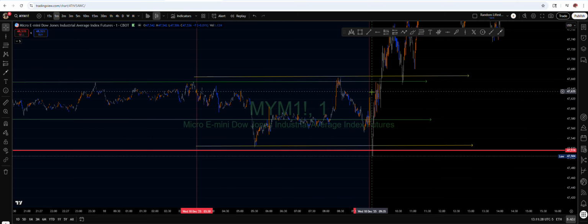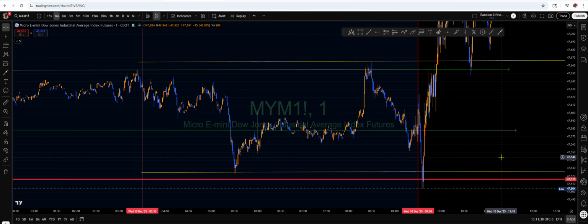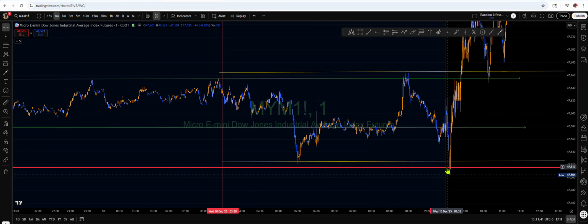This shot up a little bit, came back down. I think we had news around that time, and then it shot right back up. So we're seeing the same play over and over. This one is just telling you, okay, this would have been an early entry. It came down, and it would be early because the market would have shot up, come back down to grab liquidity and make its way back up.